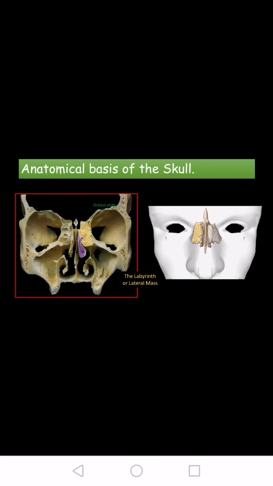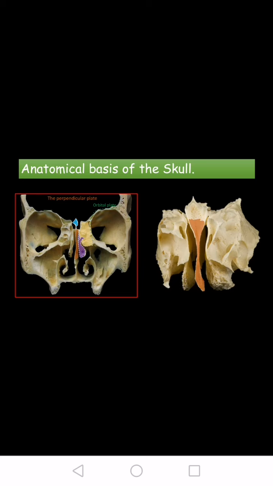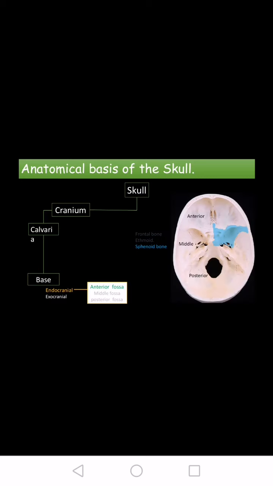The lateral mass or labyrinth of the ethmoid bone you can appreciate here, which makes the ethmoid air cells, and the cribriform plate or the horizontal plate, which is made of cribriform plate and crista galli. And finally, the perpendicular plate, which makes an important part of the septum of the nose, of course.